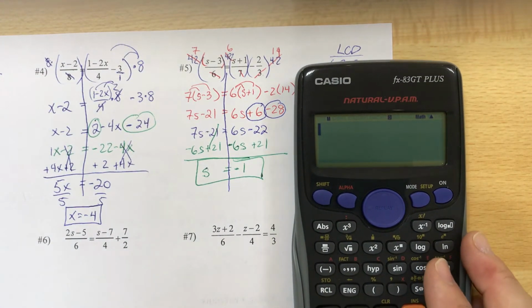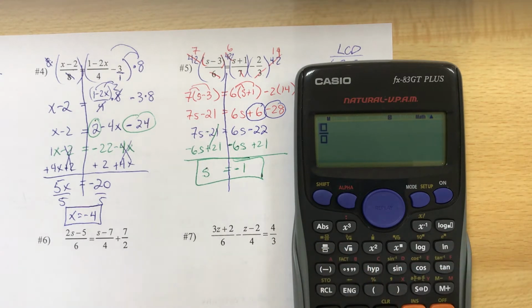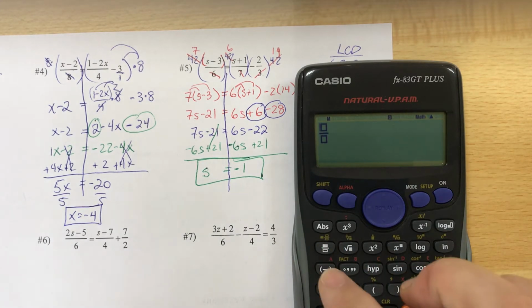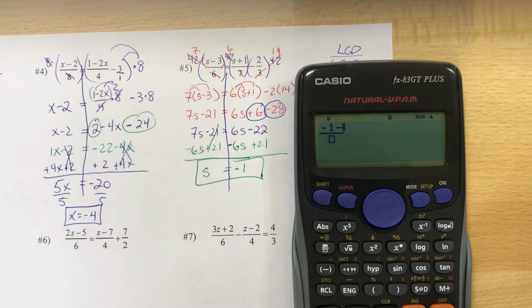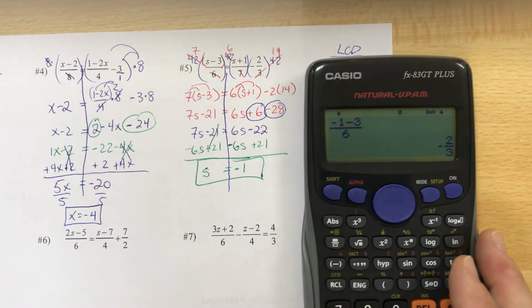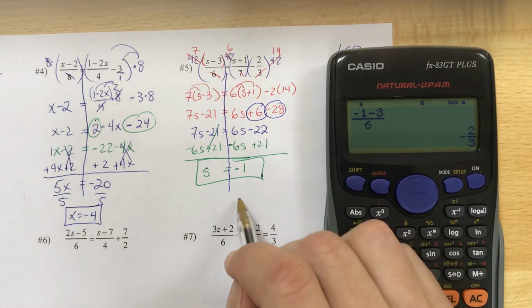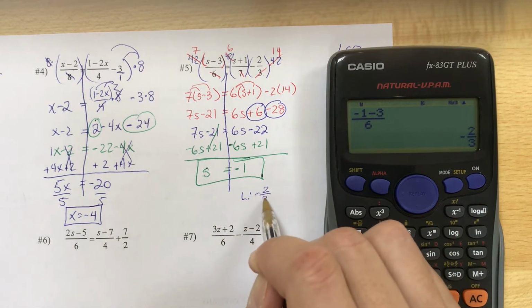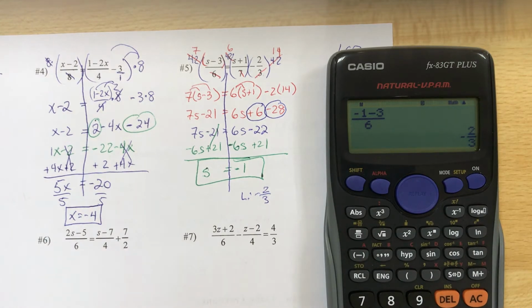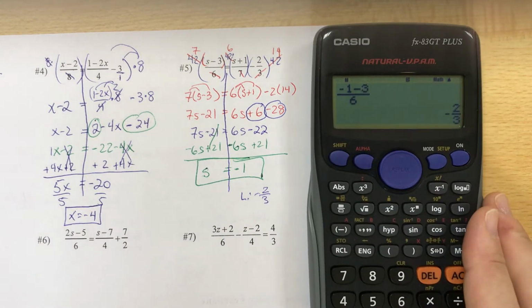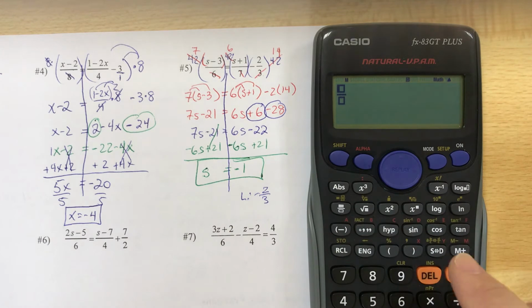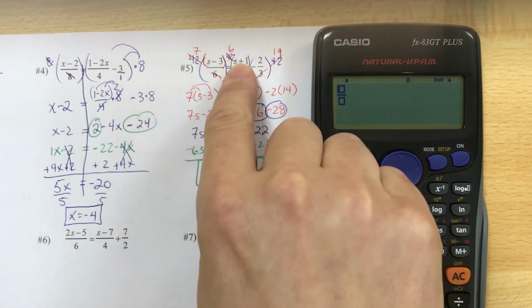Now again, it takes time here, but if you want to check it, you have to take the whole left side, which was s minus 3, so negative 1 minus 3 divided by 6. And that value is negative 2/3. Okay, so left side is negative 2 over 3. If the right side is the same thing, then we're done. So we had a fraction, now it's the original problem.